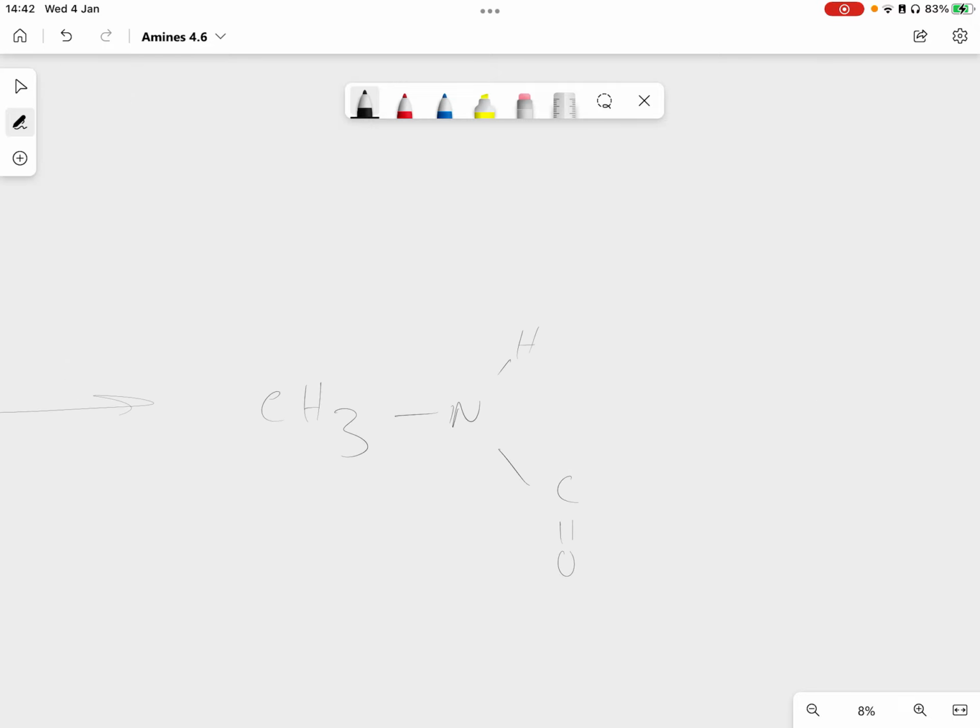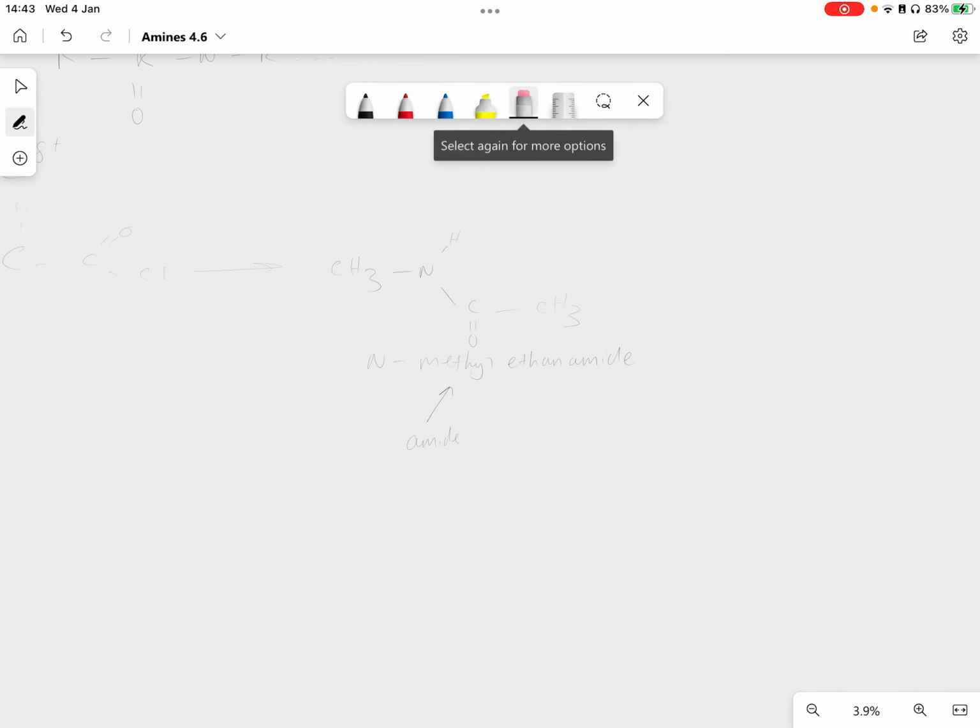So to derive the name of this, we can see the methyl bit comes from the amine. Sorry, not the amide, the amine, sorry.